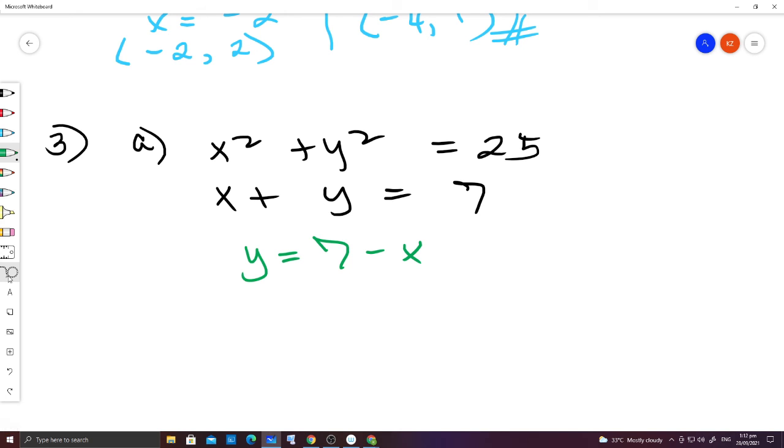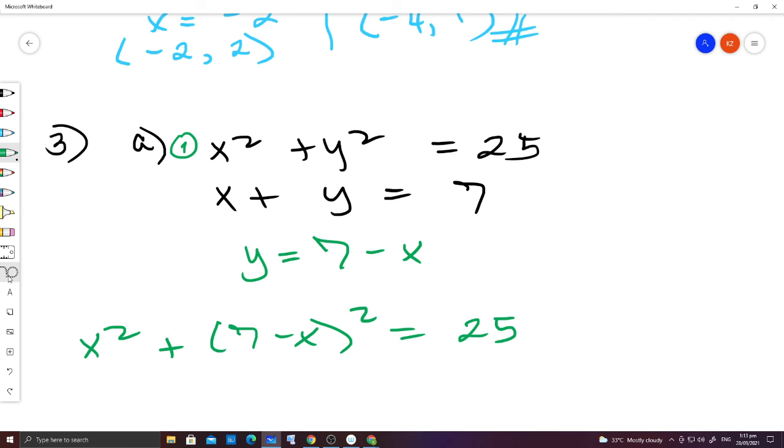Okay, can I ask Bunyapon if I will use equation 1? Yes, Mr. x to the power of 2 plus 7 minus x to the power of 2 equals 25. Okay, thank you.